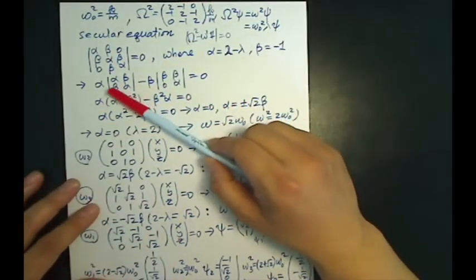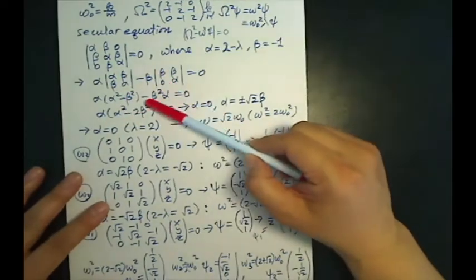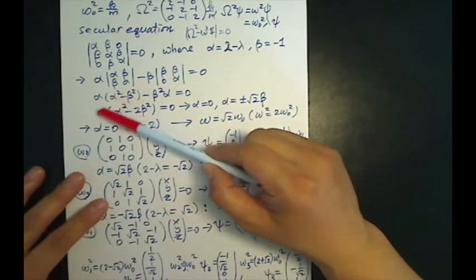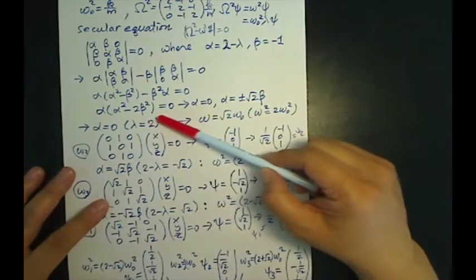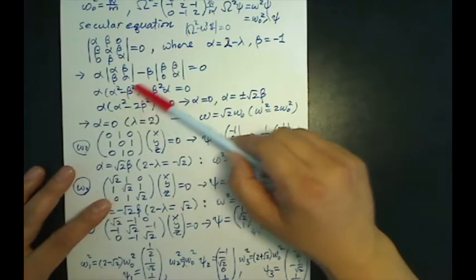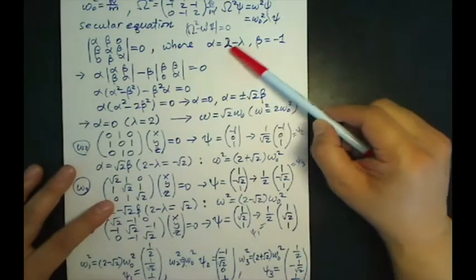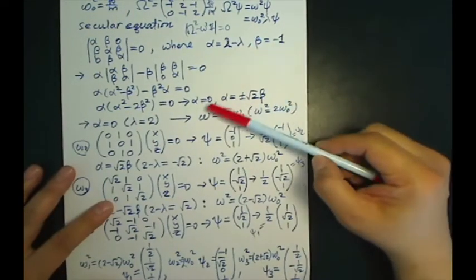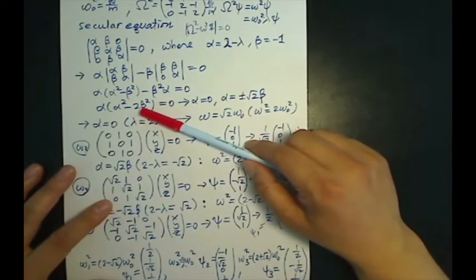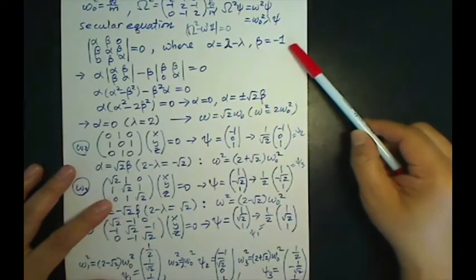The expansion will give alpha squared minus beta, and beta alpha. We have a common factor, alpha, factorized. To find out the solution is alpha squared minus 2 beta squared. The solution to this problem is alpha equals 0. That means if alpha equals 0, lambda equals 2. And two other solutions are alpha equals plus minus square root of 2 beta, because beta is minus 1.